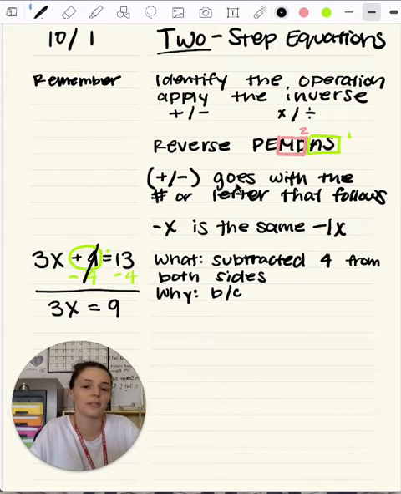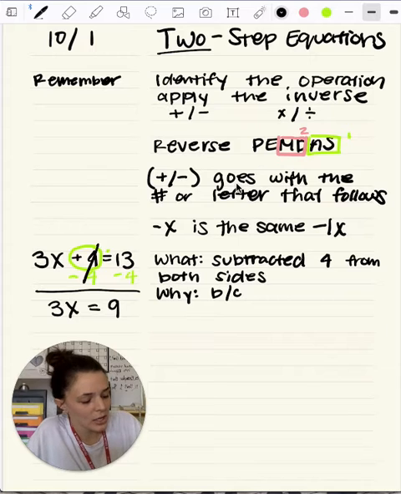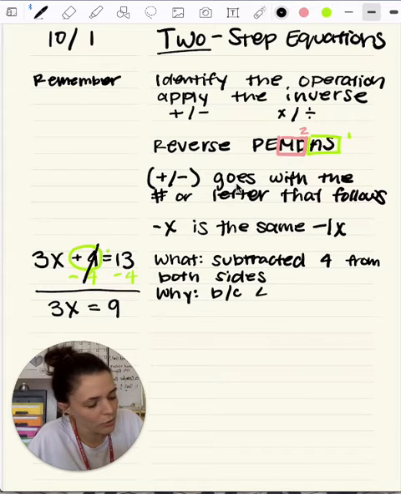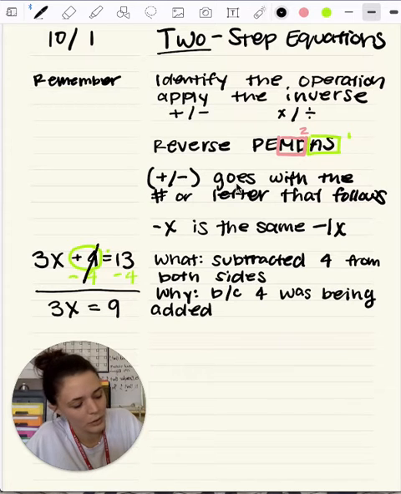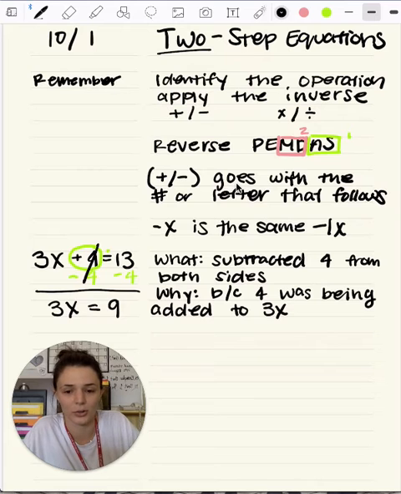So if you're trying to save space, you can write that. So we subtracted 4 from both sides because 4 was being added to 3x in our original equation.